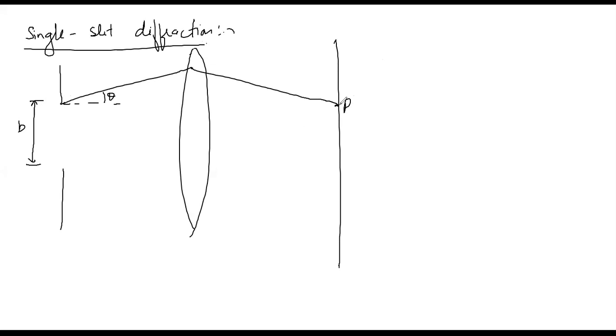Then we said that at point P, the resultant disturbance would be given by this expression. That E would be equal to NA sine beta over beta cosine of omega t minus beta, where beta is nothing but pi over lambda into b sine theta.